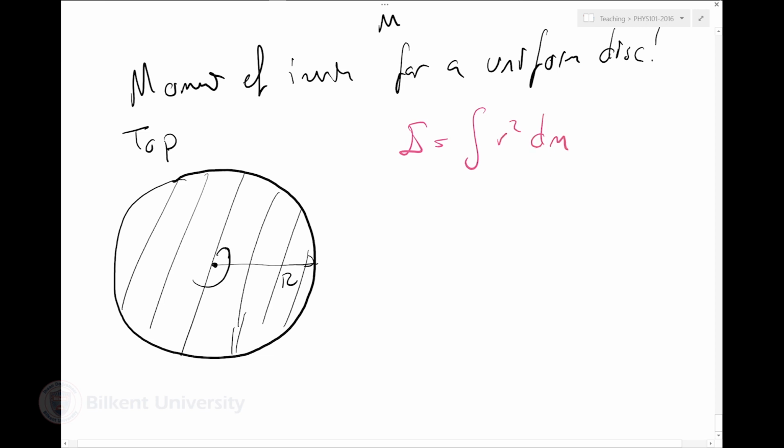But now that I know the moment of inertia for a ring, maybe I can split up my disk into concentric rings, like an onion.